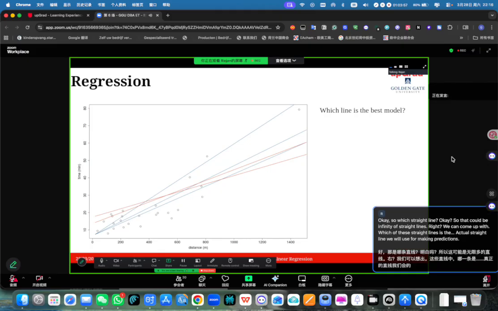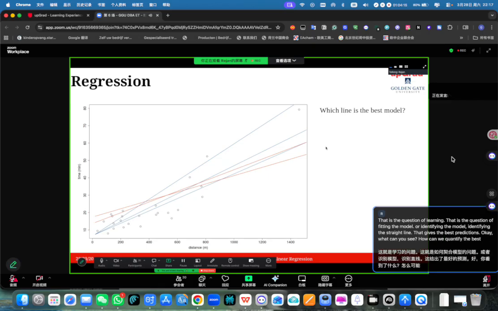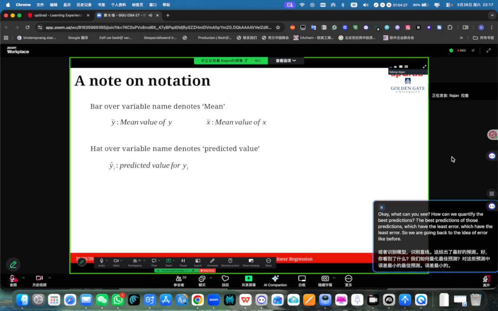That is the question of learning, the question of fitting the model, identifying the straight line that gives the best predictions. How can we quantify the best predictions? The best predictions are those which have the least error. So we are going back to the idea of error like before.